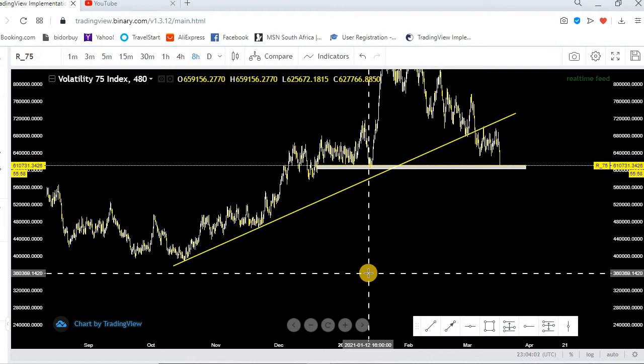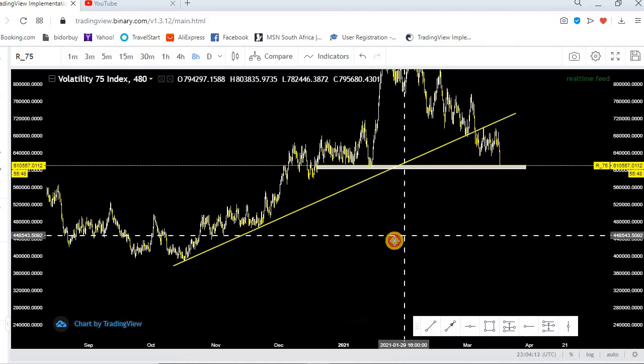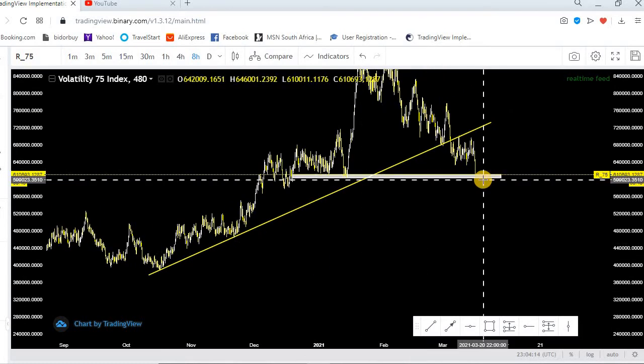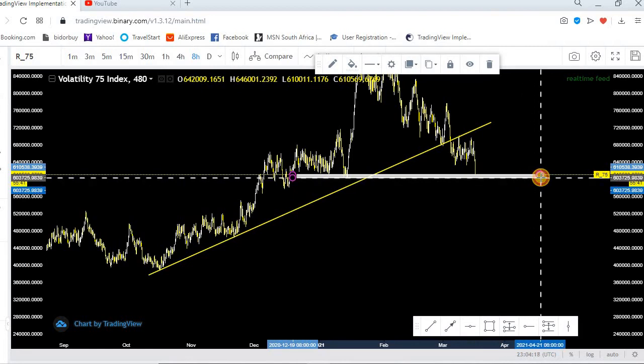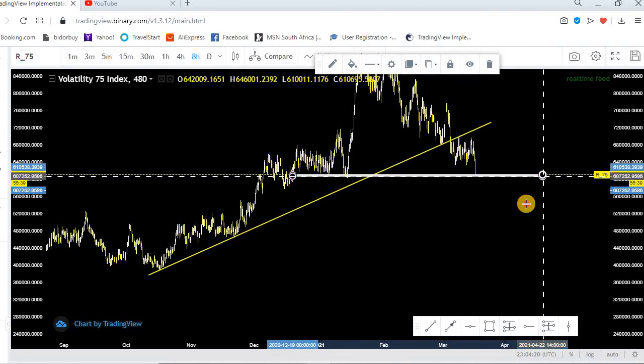You just deal with technical analysis and the nature of how they move, as they respect price action most of the time. And now price is currently here on our support level.